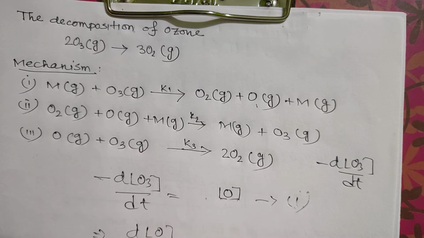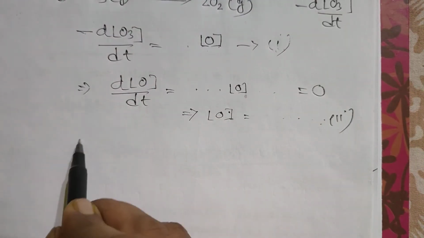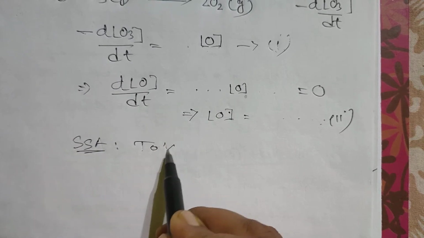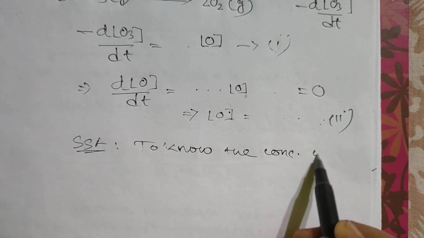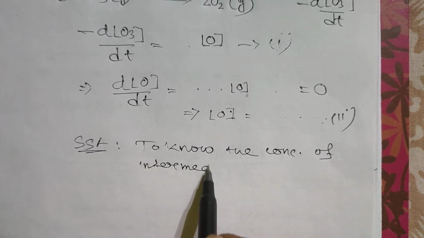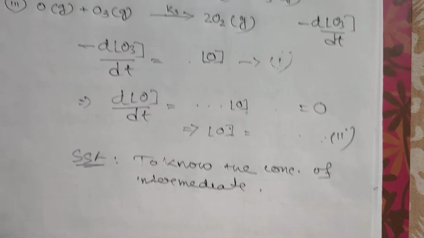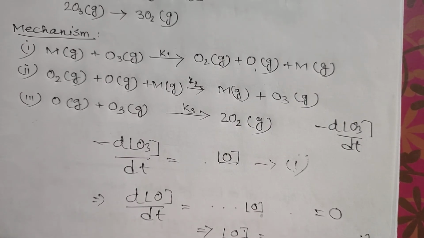So how can we know the concentration of the intermediate? By applying steady state approximation we can know it. That's why steady state approximation is applied with respect to the intermediate.